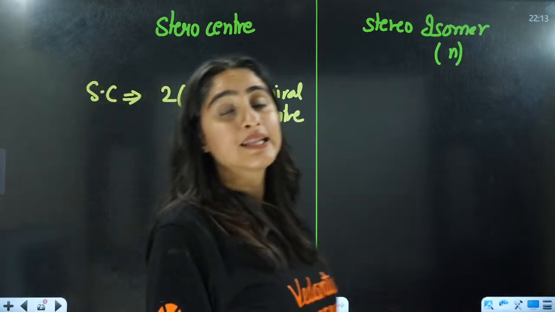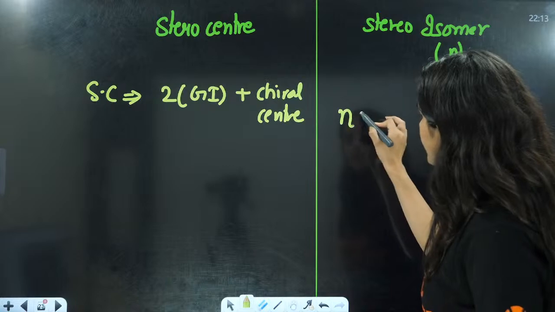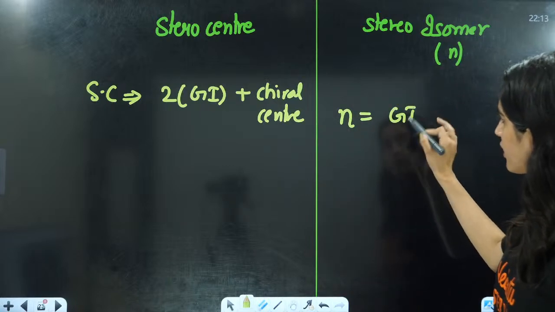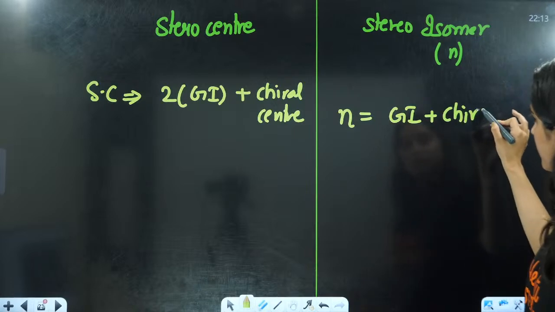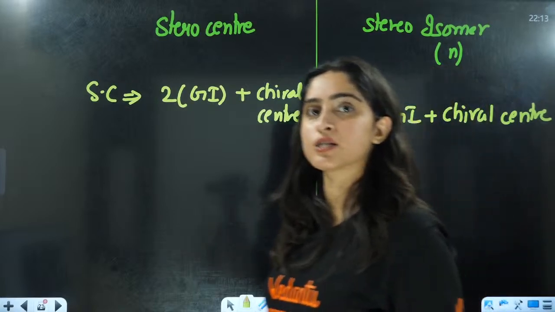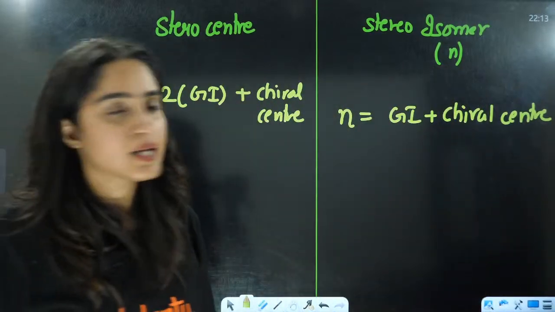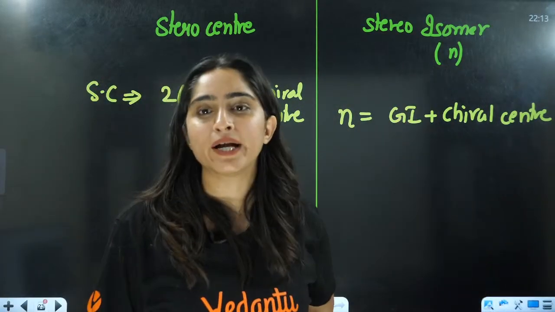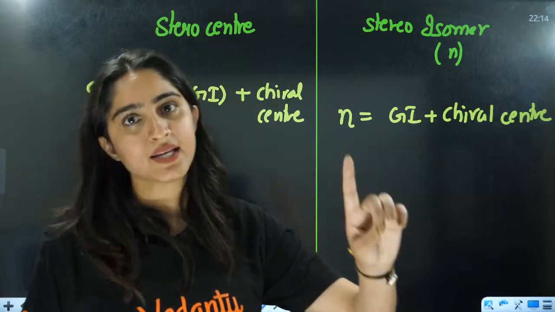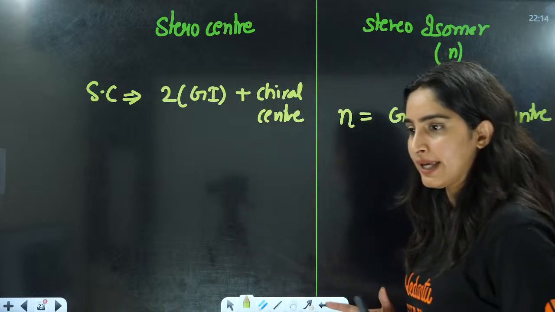But in this case, the n that we are talking about, the system, equals geometrical isomers plus chiral centers. Here we do not multiply the geometrical isomers by 2.